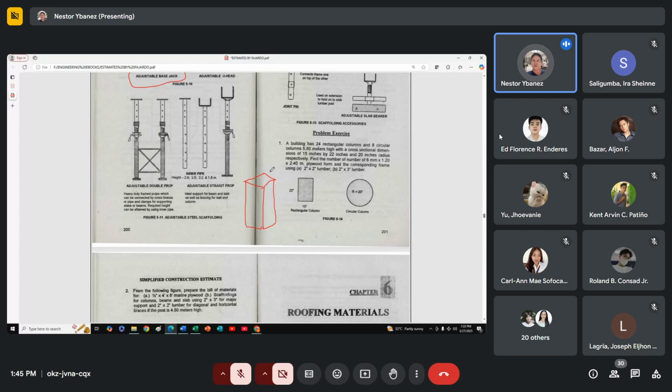So this side is 15 inches, and the other one is 15 inches. And the height is 5.8 meters, or equivalent to, I think, 19.33 feet.